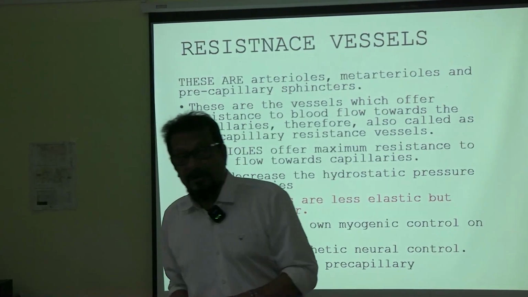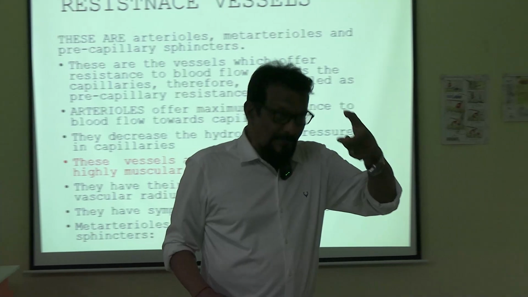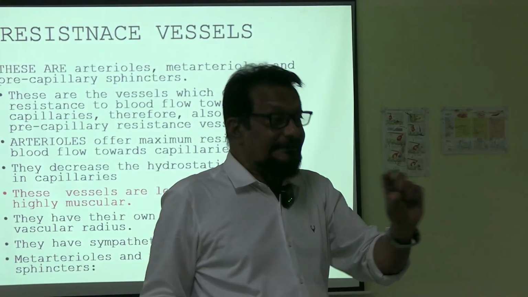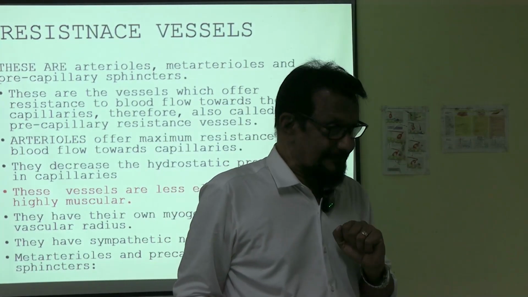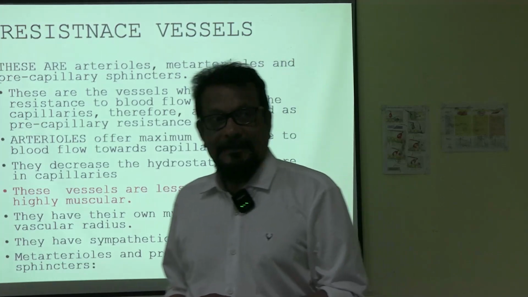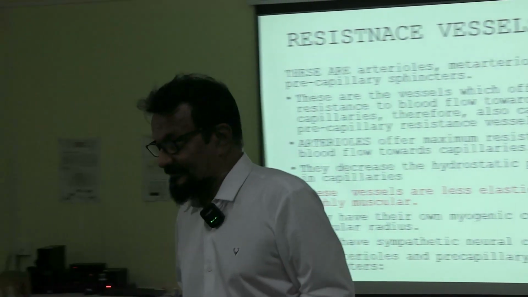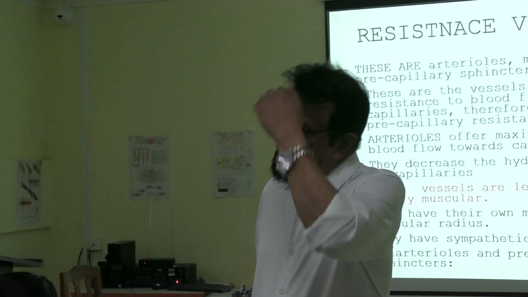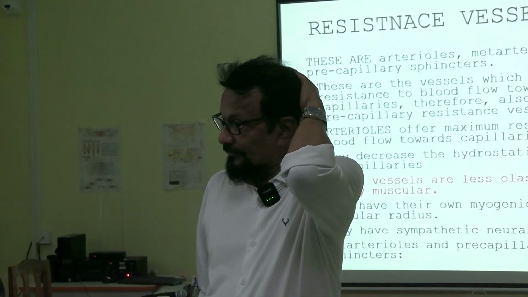For the next part, the wall's middle layer is highly thick, meaning these are made up of muscles. These muscles can contract and relax, made up of smooth muscles. And these smooth muscles are of two types.